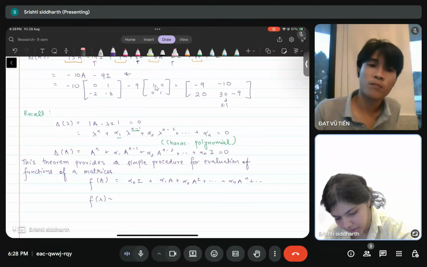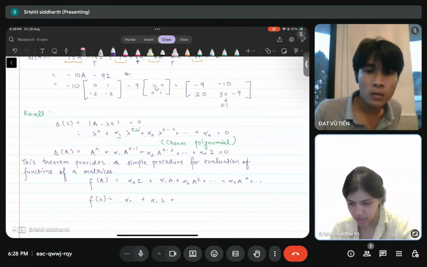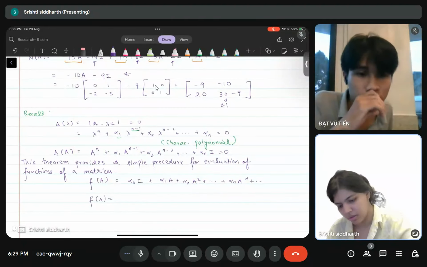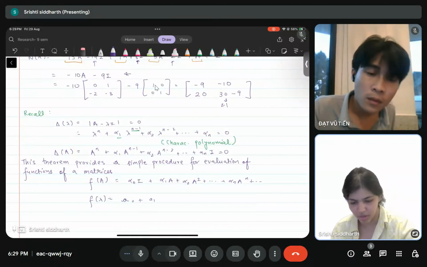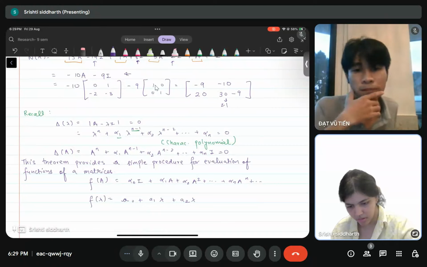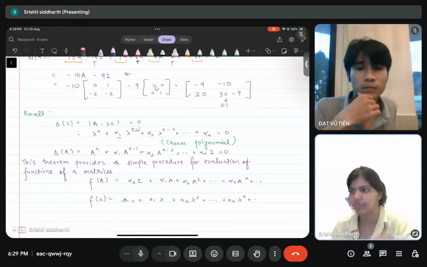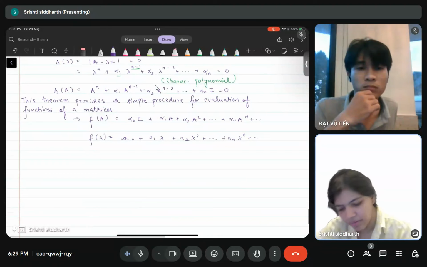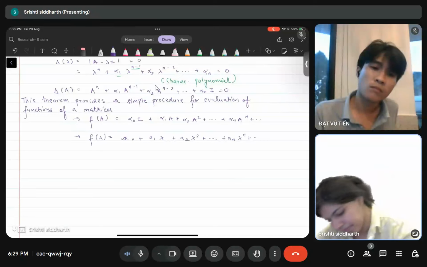Or in terms of lambda, this is alpha 0 plus alpha 1 lambda. Let me just write this in terms of some other coefficient, c0 plus c1 lambda. So if we had f of A and we substitute any eigenvalue lambda, we get, for example, this function.